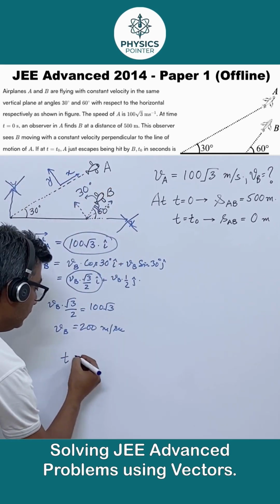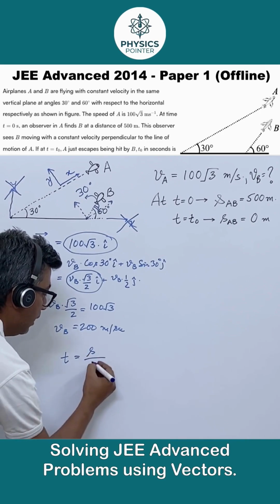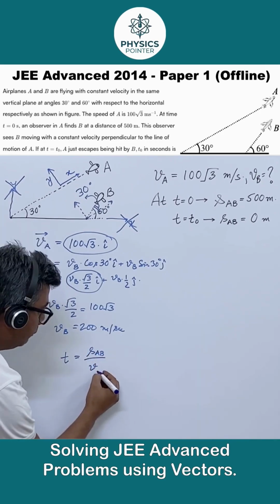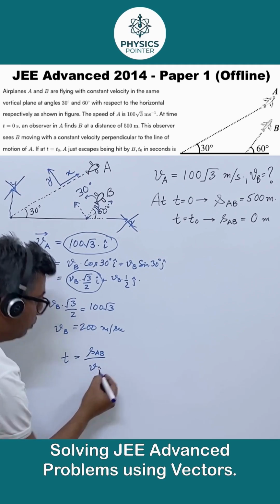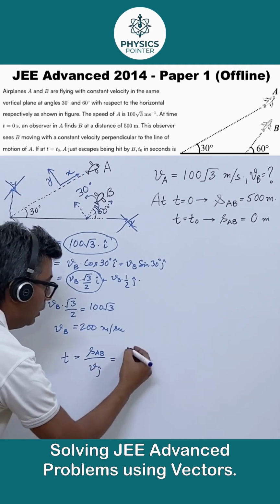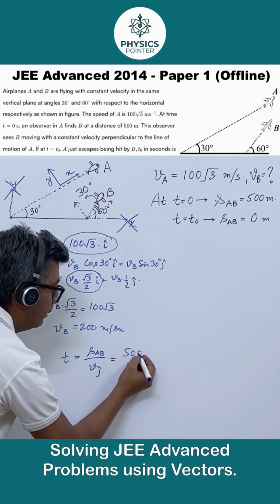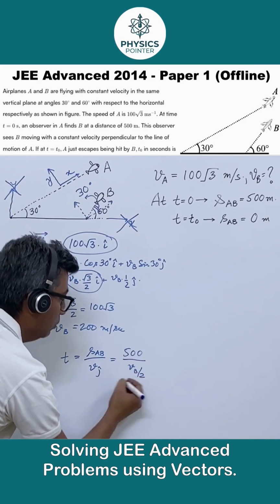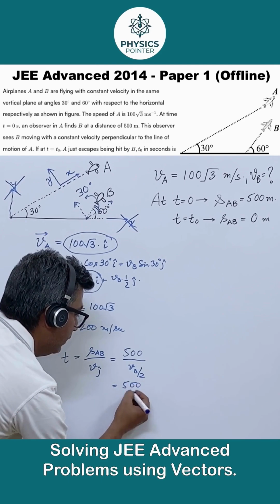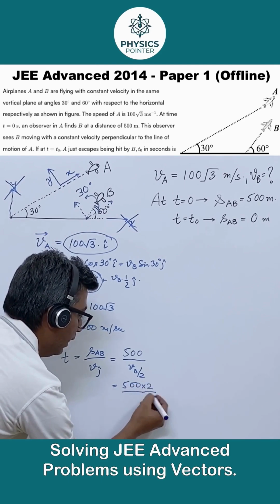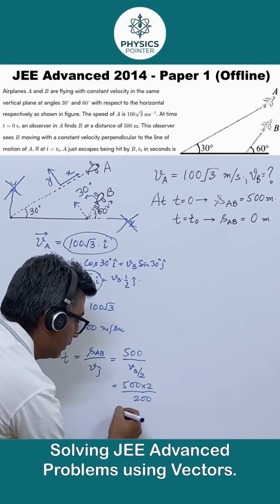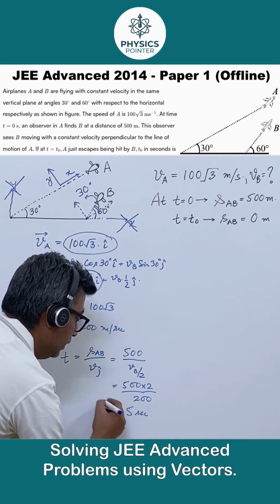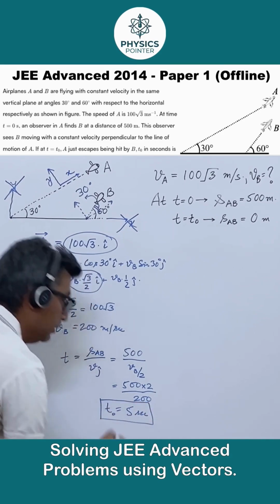Time is equal to distance upon velocity, which is SAB upon only the VJ component, which is 500 divided by VB by 2, or 500 multiplied by 2 upon 200. That comes to 5 seconds. So T naught is equal to 5 seconds.